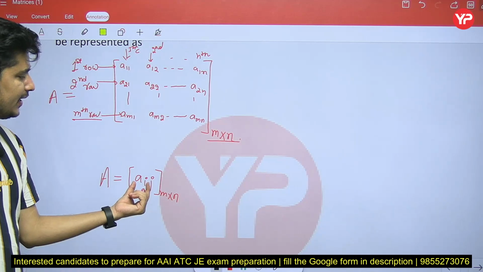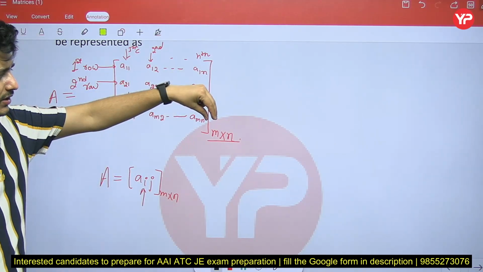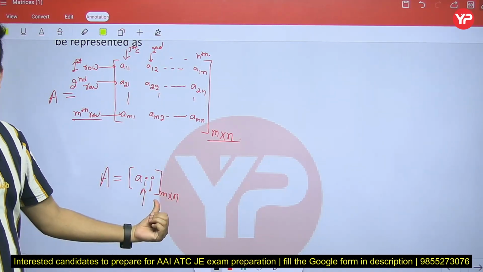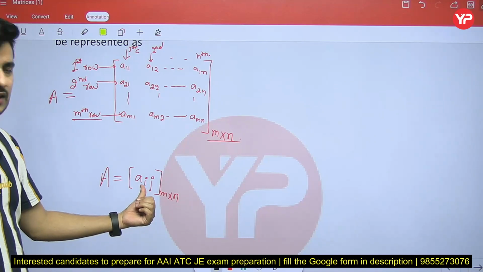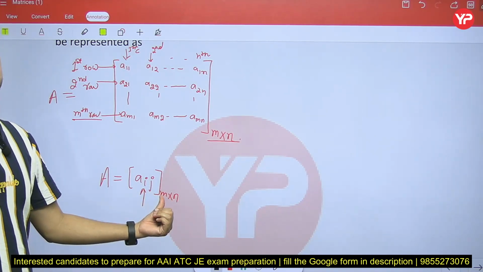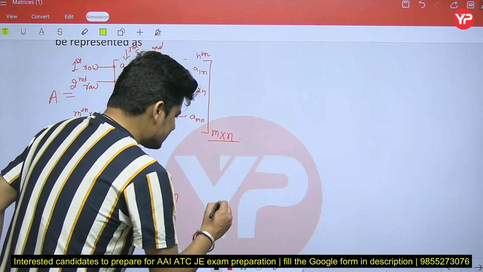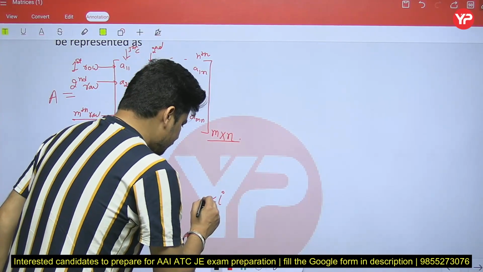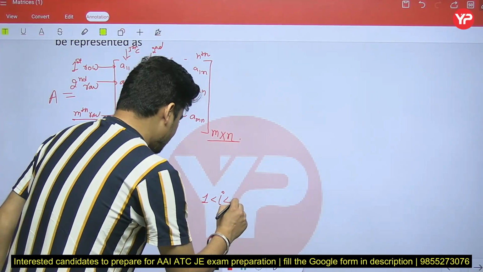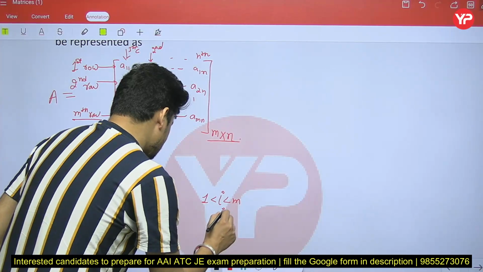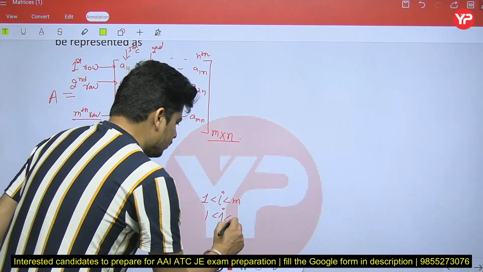If you want to calculate the first element, then i will be 1, j will be 1. So the first position represents the row, the second position represents the column. And i varies from 1 to m, and j varies from 1 to n.